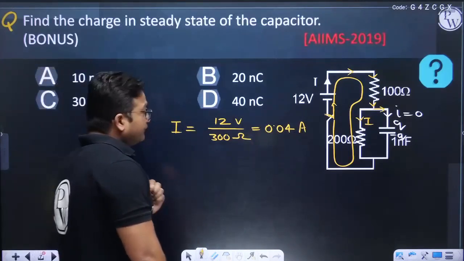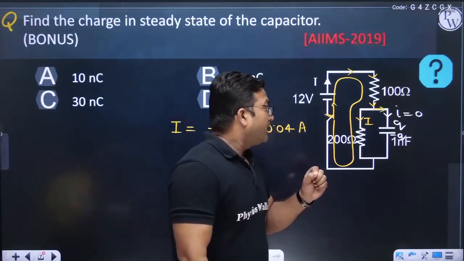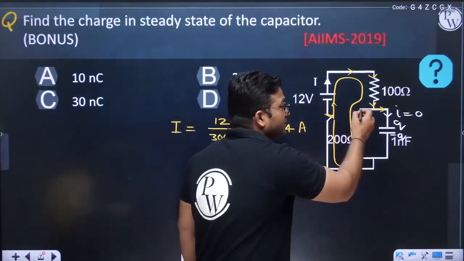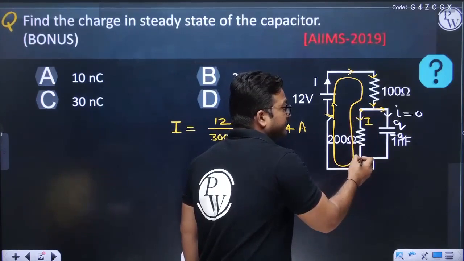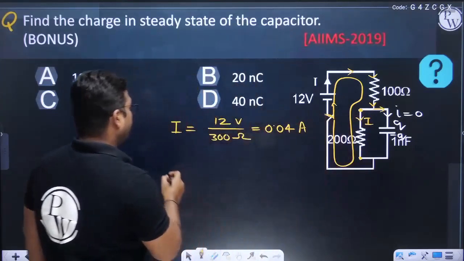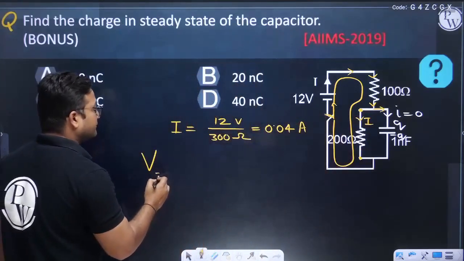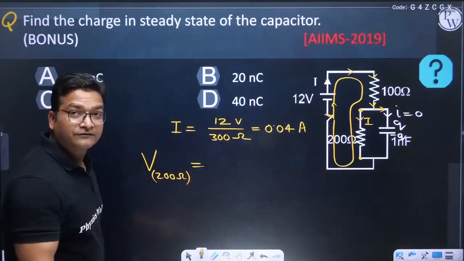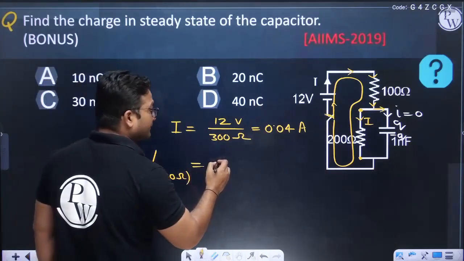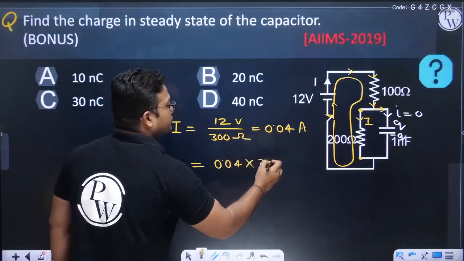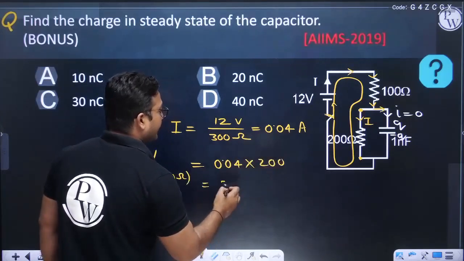Now see, if this is the value of current in the circuit, the potential difference across this 200 ohm resistance would be current times resistance, that is 0.04 times 200, that is 8 volt.